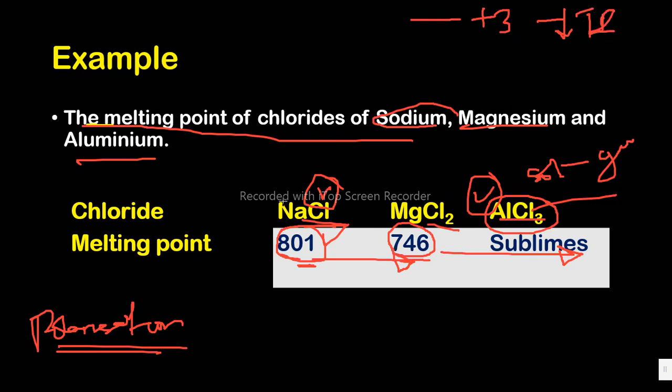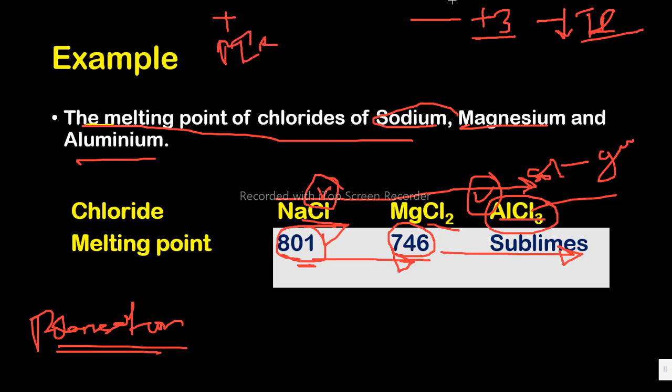Why? Because atomic radius or ionic radius decreases across the period, so this one is smaller than this and than this. Having a high charge with a small ionic radius, whereas sodium has less charge, just +1, with a high ionic radius.